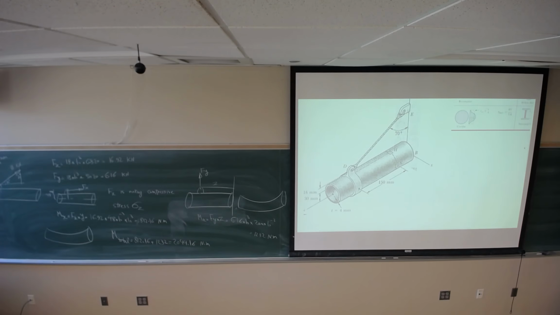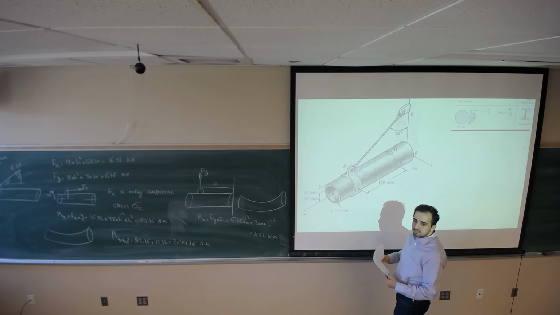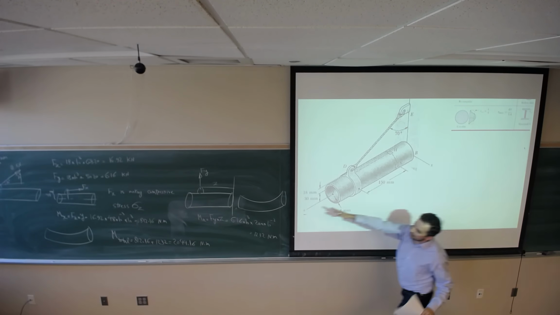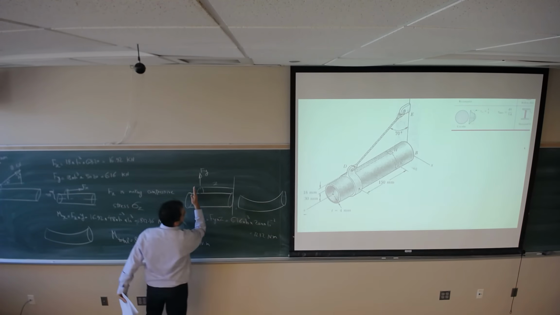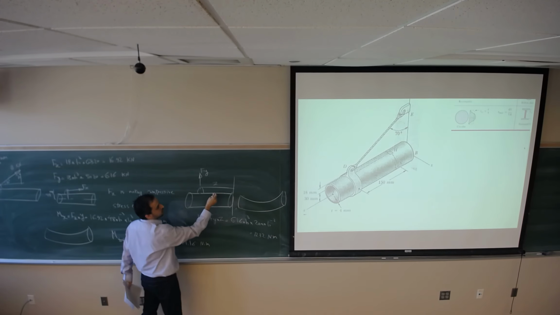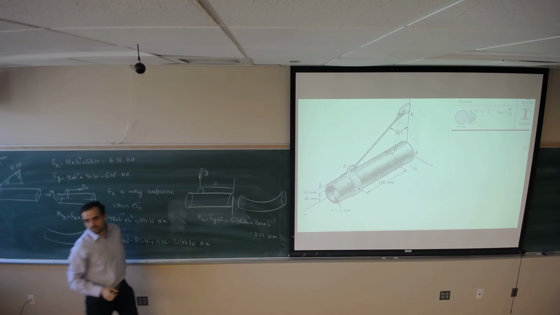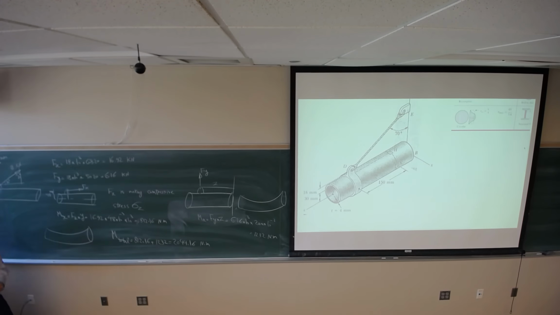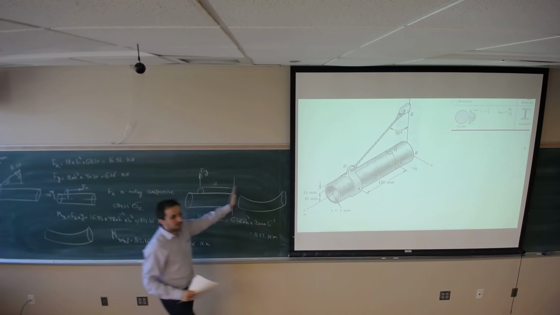Now, where would be the critical section? Section, not points. The maximum moment occurs at this section. At each different section, you are going to have a different distance from that section. So this is how you can decide about the critical section.